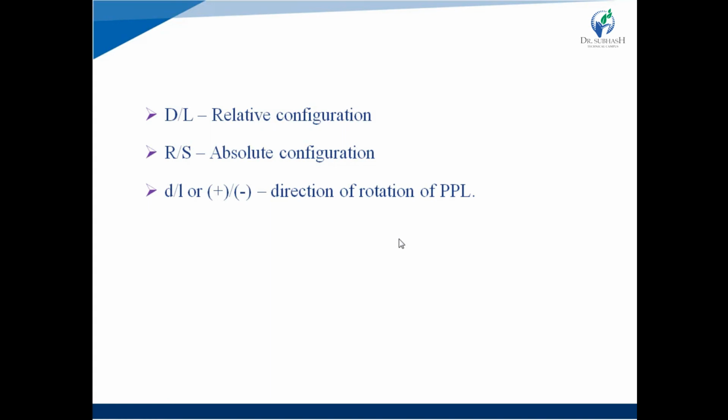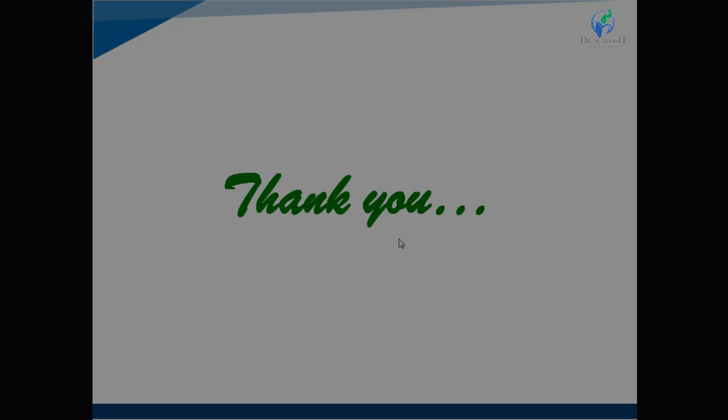Capital D and capital L are given for relative configuration. R and S are for absolute configuration, and small d and l, or plus and minus signs, indicate the direction of rotation of plane polarized light by an optically active compound. Right? Thank you.